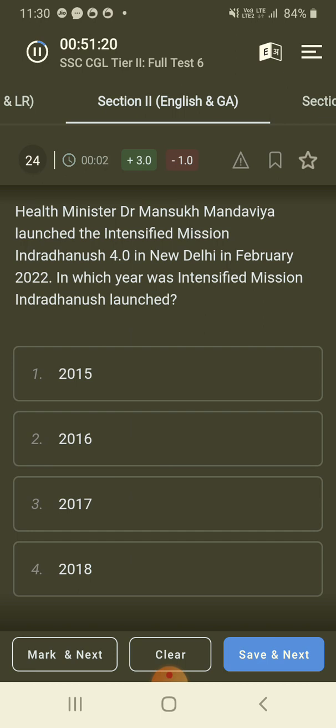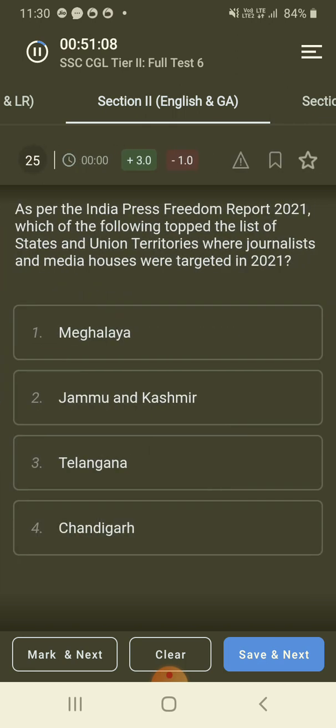Health Minister Dr. Mansukh Mandaviya launched the Intensified Mission Indradhanush 4.0 in New Delhi. In which year did Mission Indradhanush start? As per the India Press Freedom Report 2021, which state topped the list where journalists and media houses were targeted in 2021?